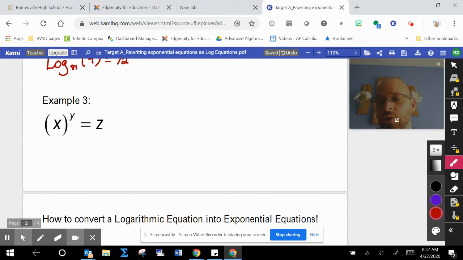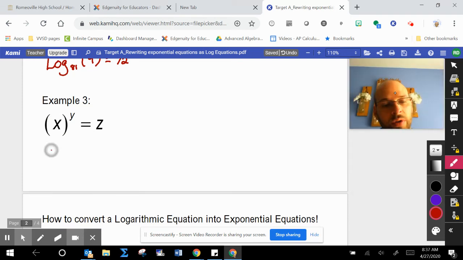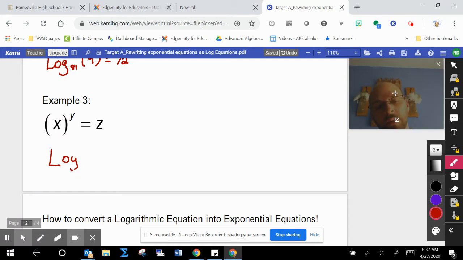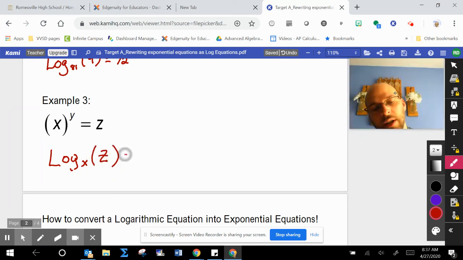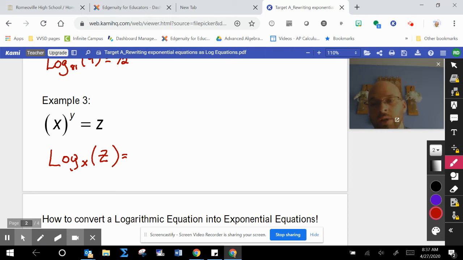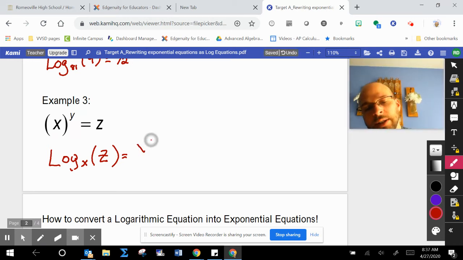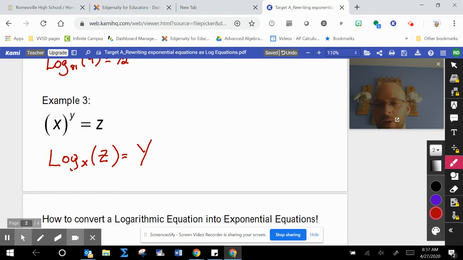In this case, I just use variables just so you can see the placeholders. This might be the most valuable example, so you can see how everything moves. So I have the log, the base is the x, it's equal to the z, and my log should always be equal to the exponent of the exponential equation. So that would be my log equation.